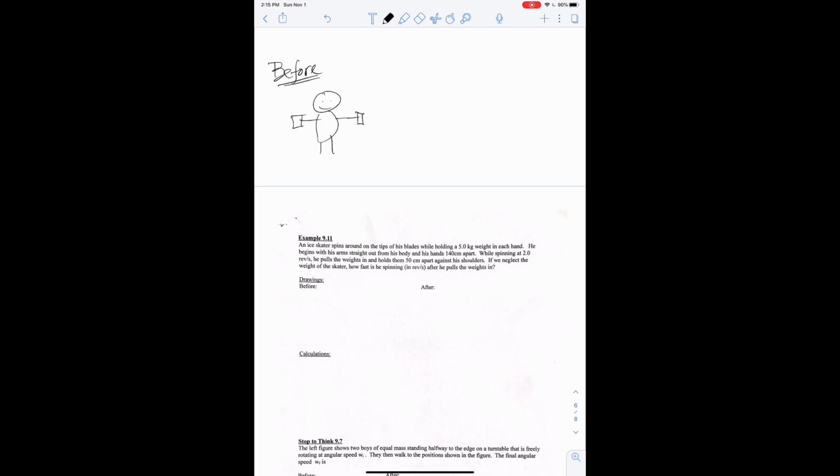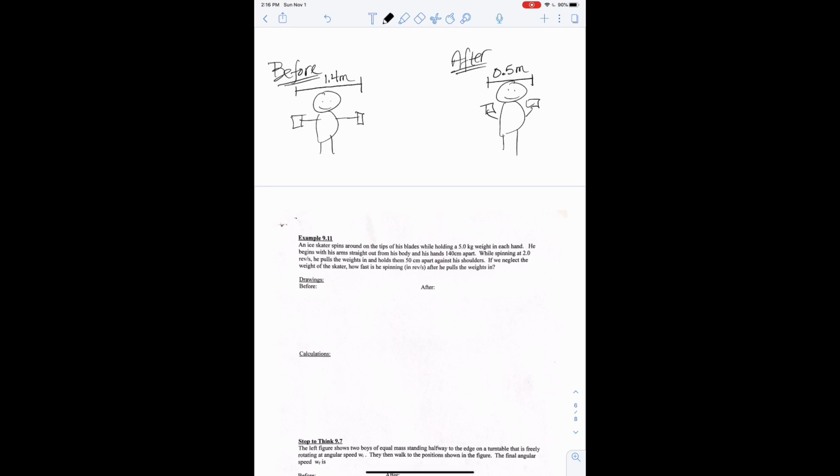And then in the after drawing, the person's going to bring those weights in. Like that, right? And this distance right here is 50 centimeters, so 0.5 meters. And this distance right here is 140 centimeters, or 1.4 meters.